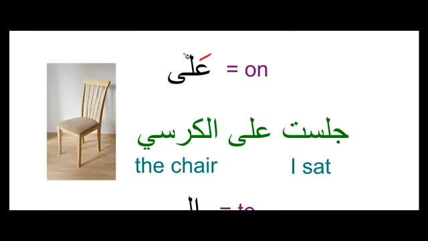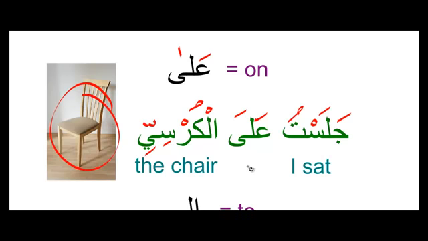Next we have ala. And ala means on. So here the example is jalastu ala al-kursi. I sat, jalastu, I sat, ala, on, al-kursi, the chair. I sat on the chair. Easy enough.